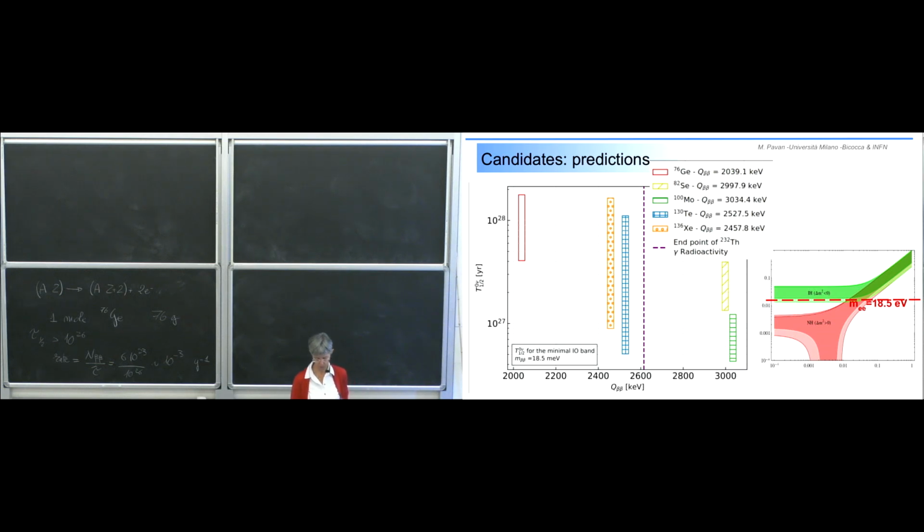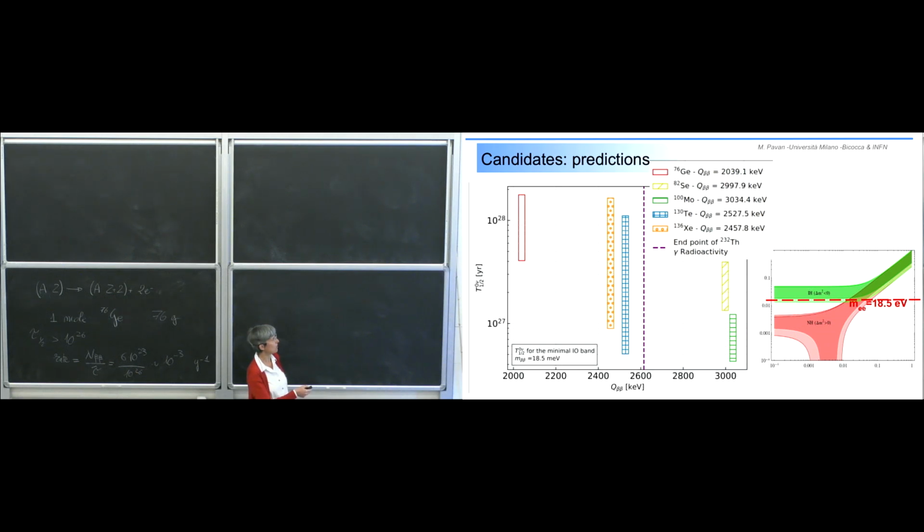Coming back to what I've shown you before, if my goal is here, now this plot was prepared for this mass. My expectation, considering the spread of the nuclear matrix element, are here for the different isotopes.